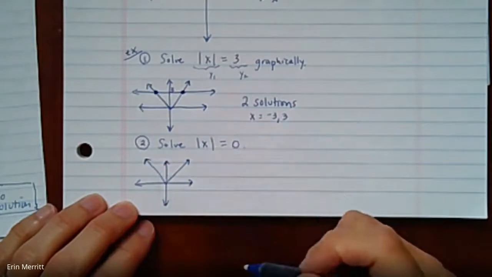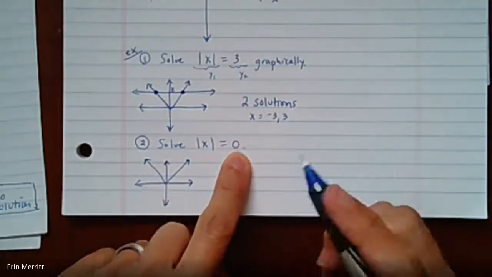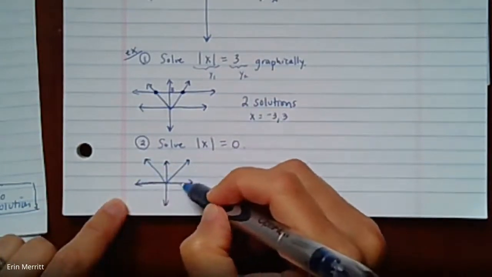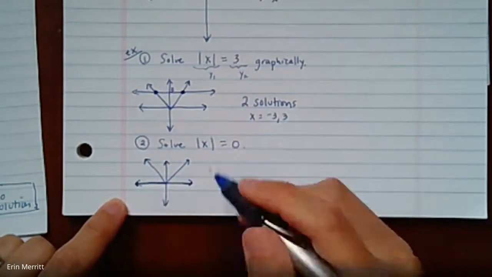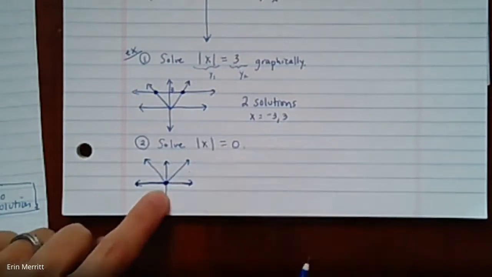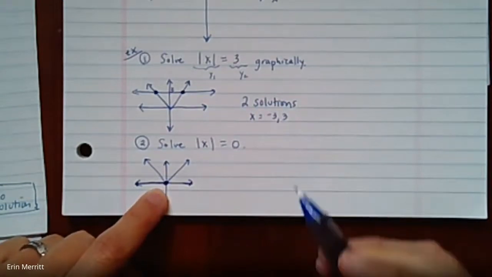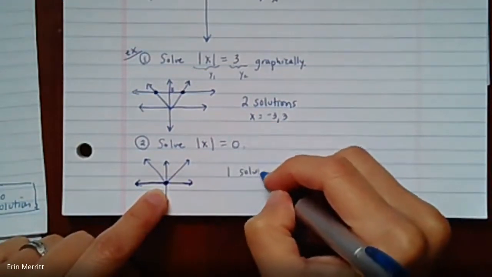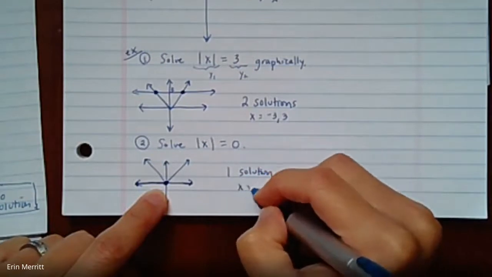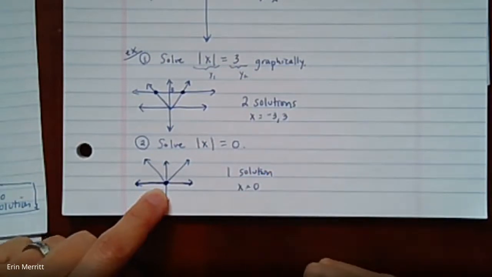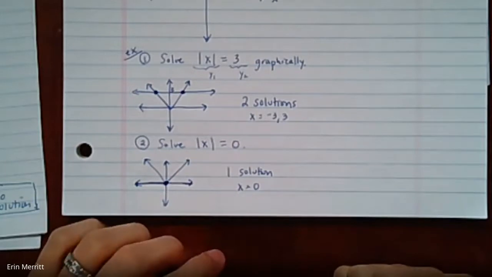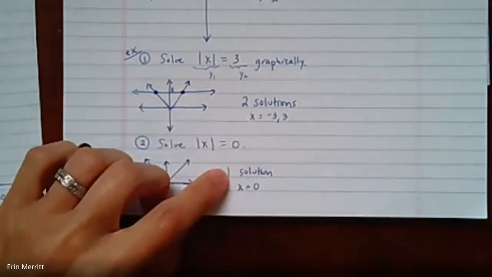What about the second piece of it? Y equals 0. That's that horizontal line that actually is the x-axis. So where do they cross? Well, just in that one spot right there. So I would have just one little solution. And specifically, it'd be when x is 0 itself. So if I plug 0 in, that's it. All right. So 2 solutions, 1 solution.